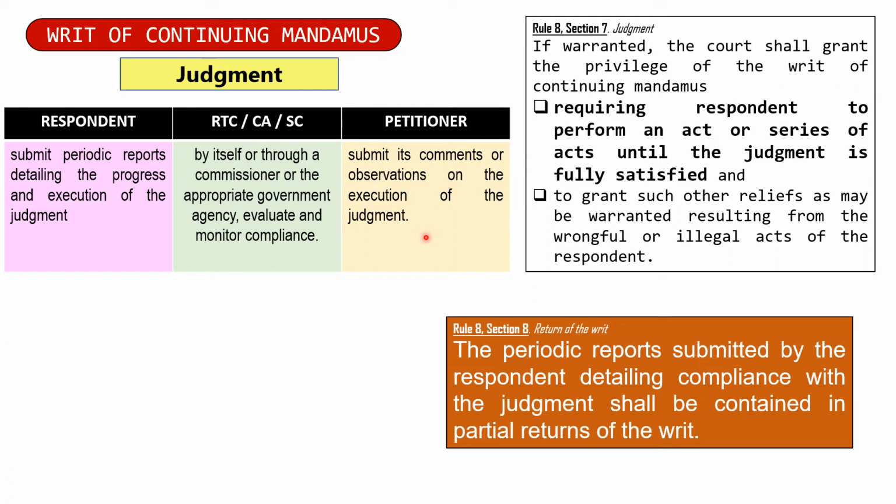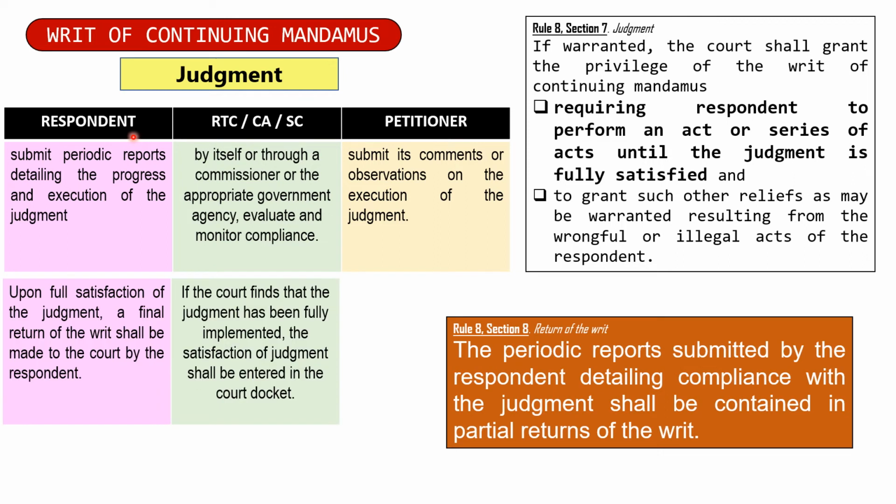Is that the only responsibility they have? The answer is no. Because if there is now a full satisfaction of the judgment, full satisfaction because again, this is a performance of a series of acts until the judgment is fully satisfied. That is why it is called continuing mandamus.